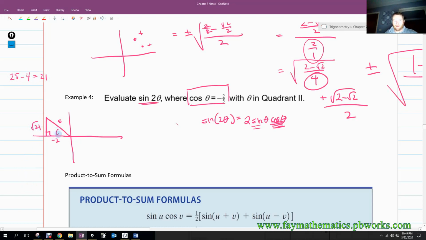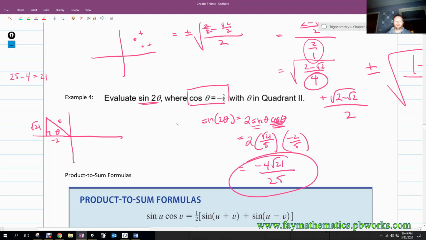Okay, so remember that's theta. So sine of theta would be radical 21 over 5. Cosine is negative 2/5. So now I get negative 4 radical 21 all over 25. And that's what we're looking for then.